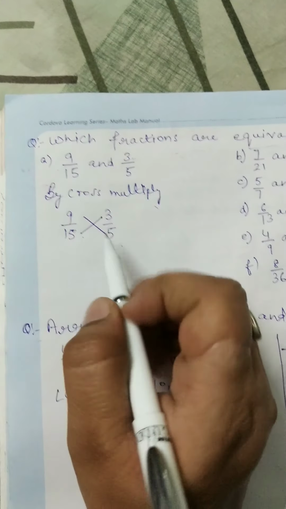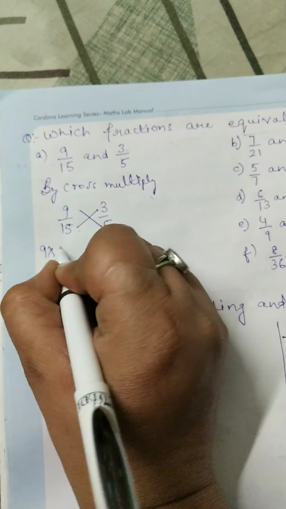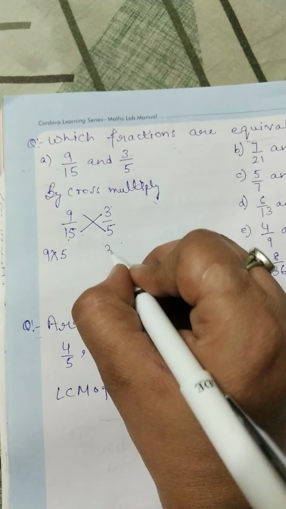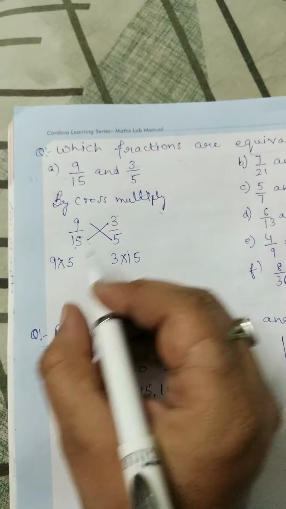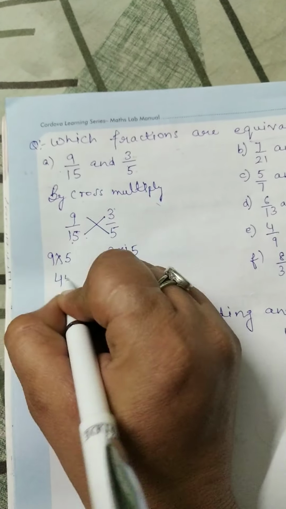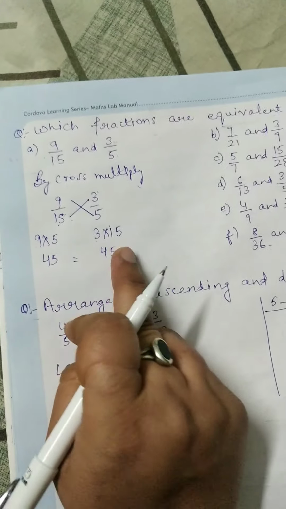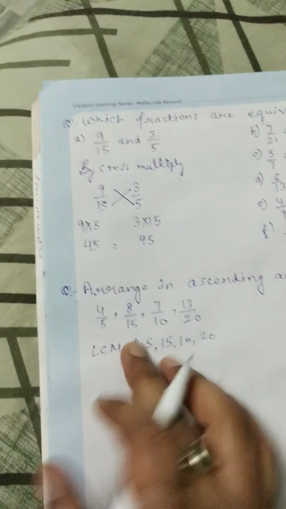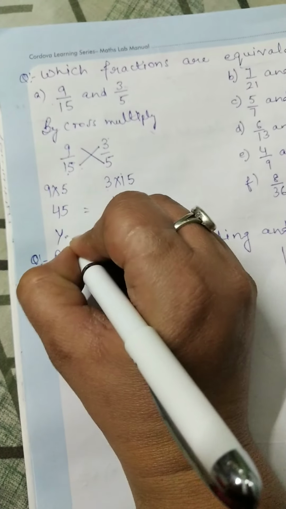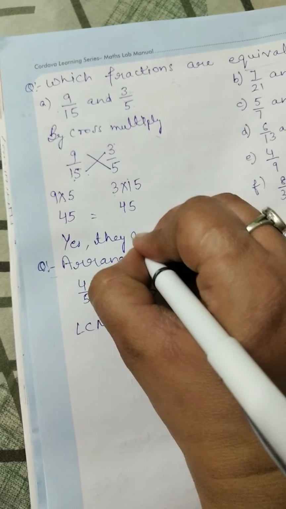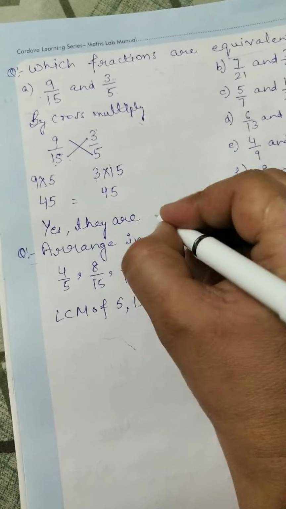See, 9 5s are 45, and like this, 3 15s are 3 multiply 15. 9 5s are 45. 15 3s are 45. Yes, both are equal. Then we will write yes, they are equal.